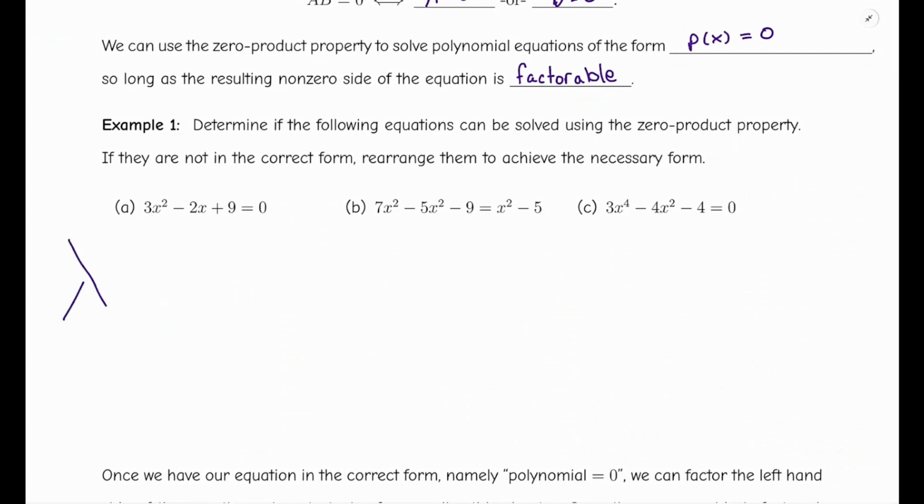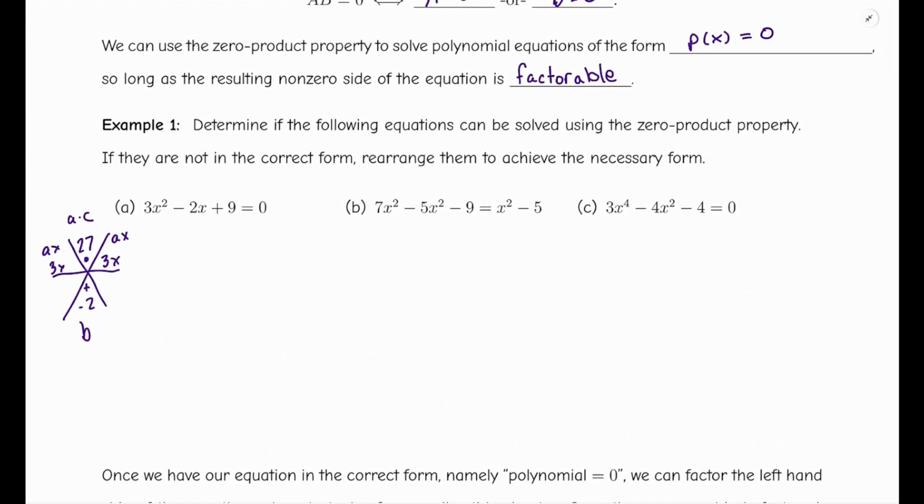So I'm going to use the asterisk method. A times C is 27. B is negative 2. AX is 3x, and AX is 3x.